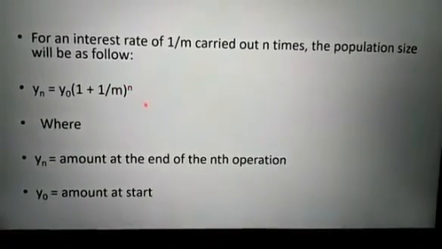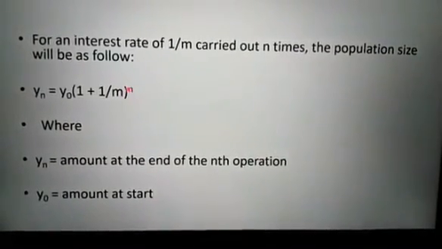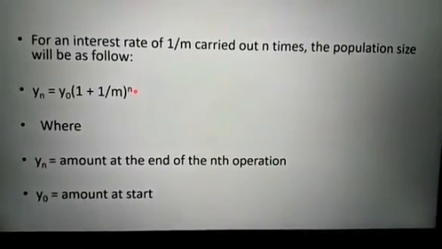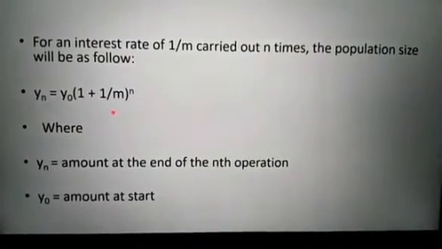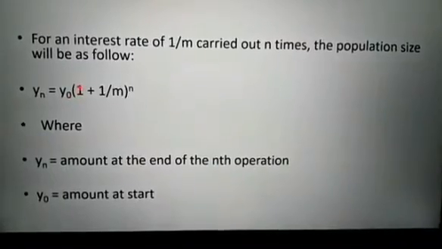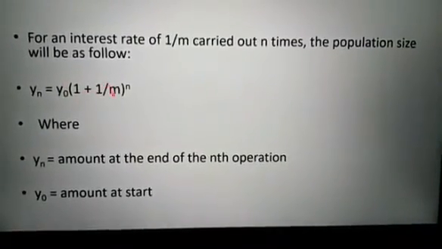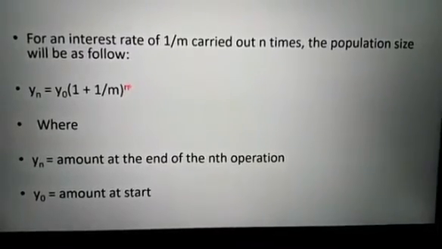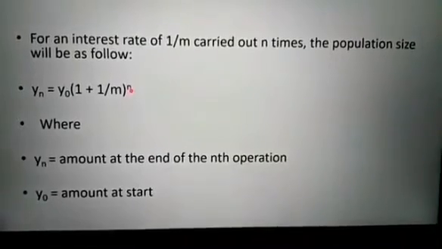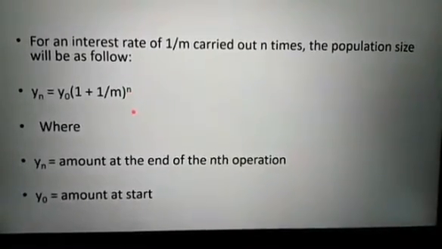Now for the second year, you change this and put 2, and you find the answer to be 121. Then you put 100 again into 1 plus 1 over 10, and put the number to be 3. This is time, remember? And then you will find that it is 133.1.